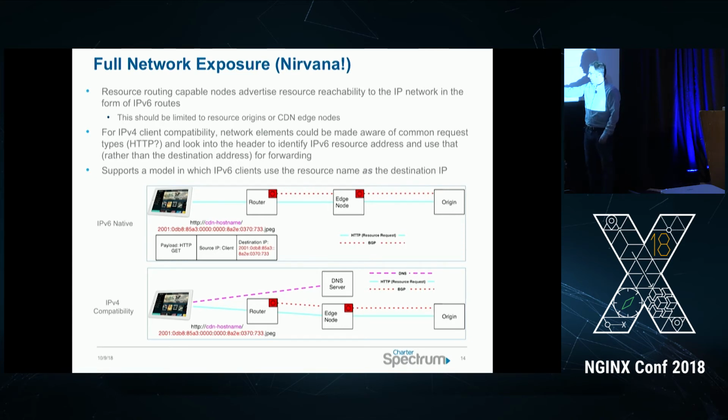What if instead of forwarding it to the edge node by IP address, I do a route lookup in my content routing table? Now the router is still doing the same thing it was doing before and using the v6 to route the packet. It's just pulling it out of the HTTP header or whatever instead of actually forwarding on the IP address. So there's lots of things you can do here to start exposing that data to the network. And once you've done that, now the network is actually forwarding your content request based on content, not based on IP address. It's actually based on the content address.